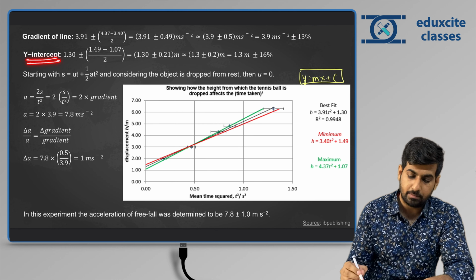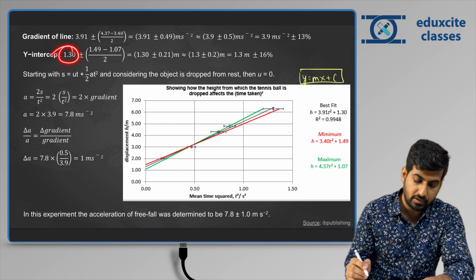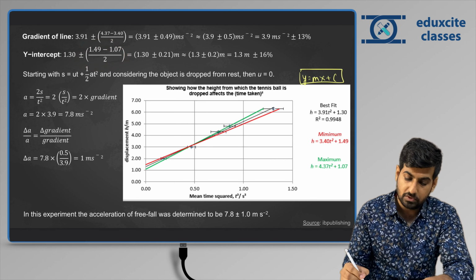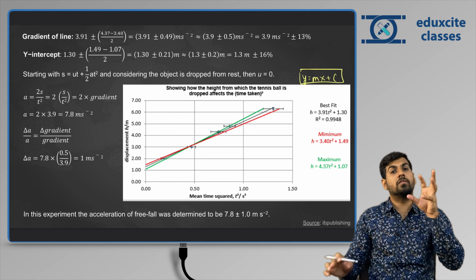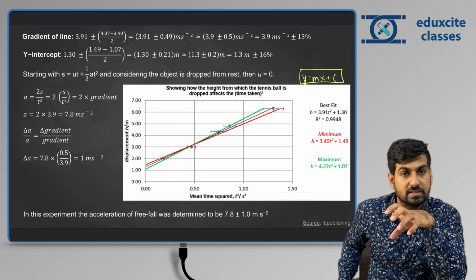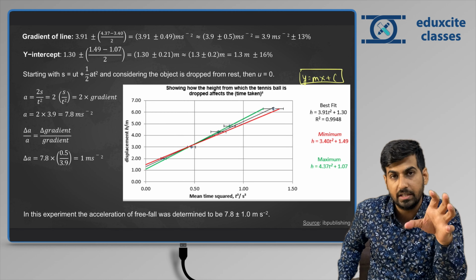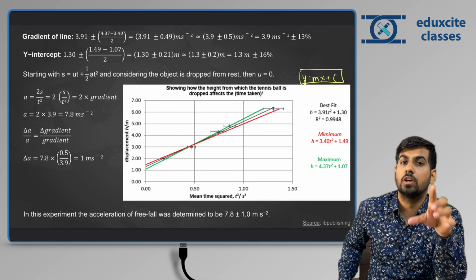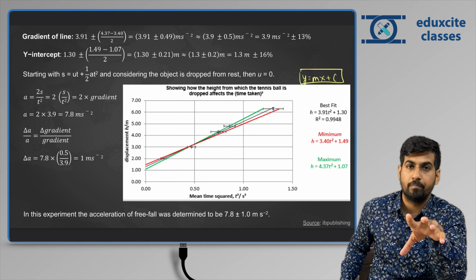Now the y-intercept is 1.3, so I have written 1.3. Again, the uncertainty is found using the minimum and maximum lines. Always remember, for the equation y equals m x plus c, the gradient uncertainty as well as the y-intercept uncertainty will be found using the minimum and maximum lines. This is the best fit.